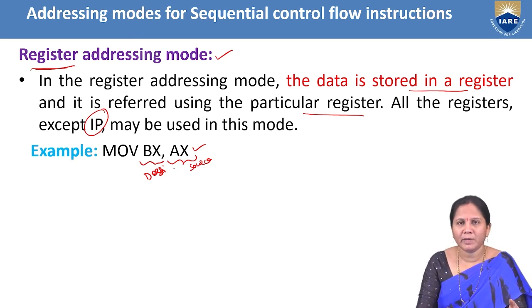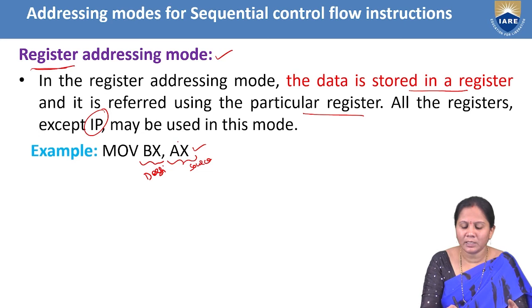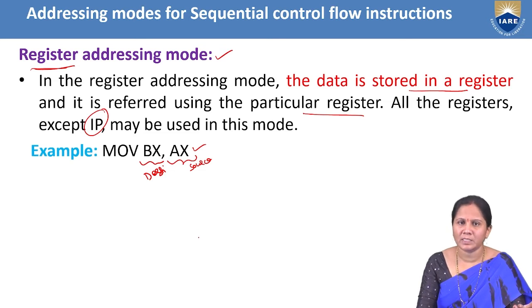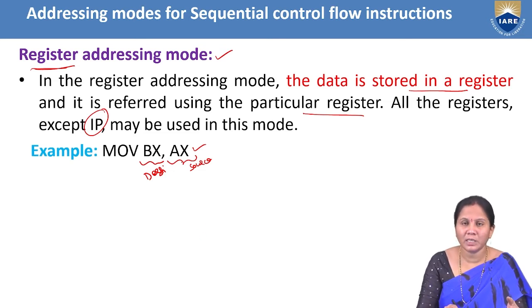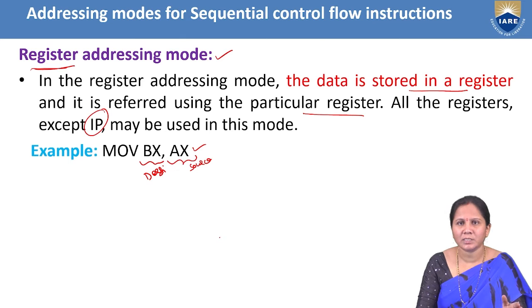MOV BX, AX means the operand available in the AX register will be moved into the BX register. Here the size of the source register is 16-bit and the destination register is also 16-bit.